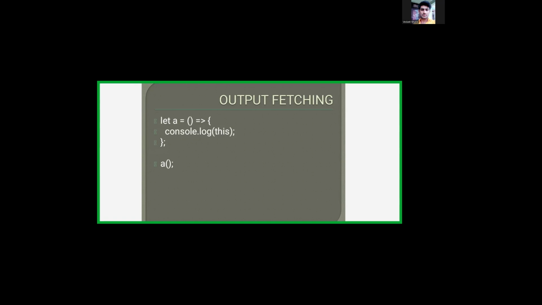But the logic of this output is like that. In different environments it will show different outputs because it depends on the arrow function and this function. In the next session, I will tell you the actual concept of binding and arrow functions, because we are short of time.